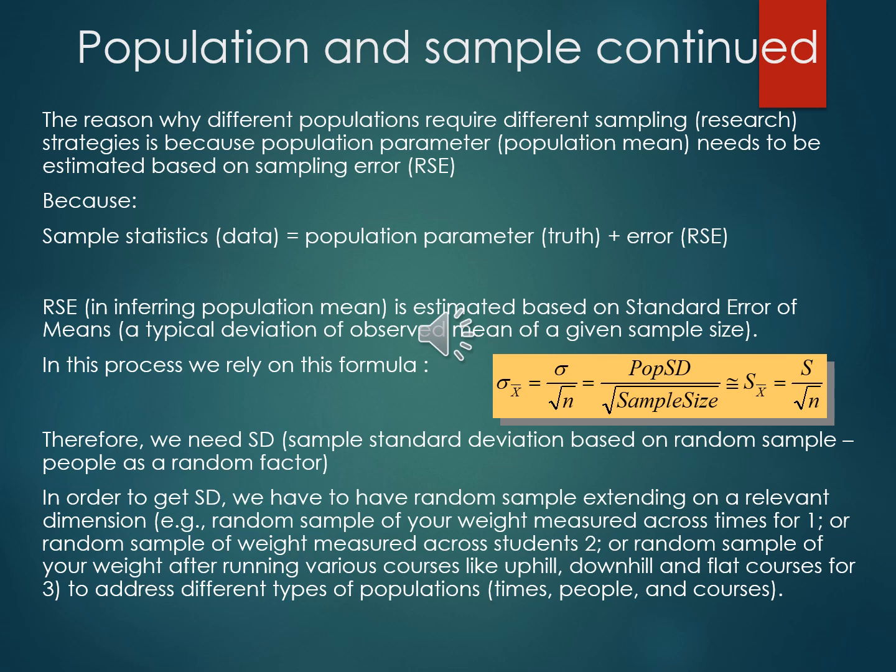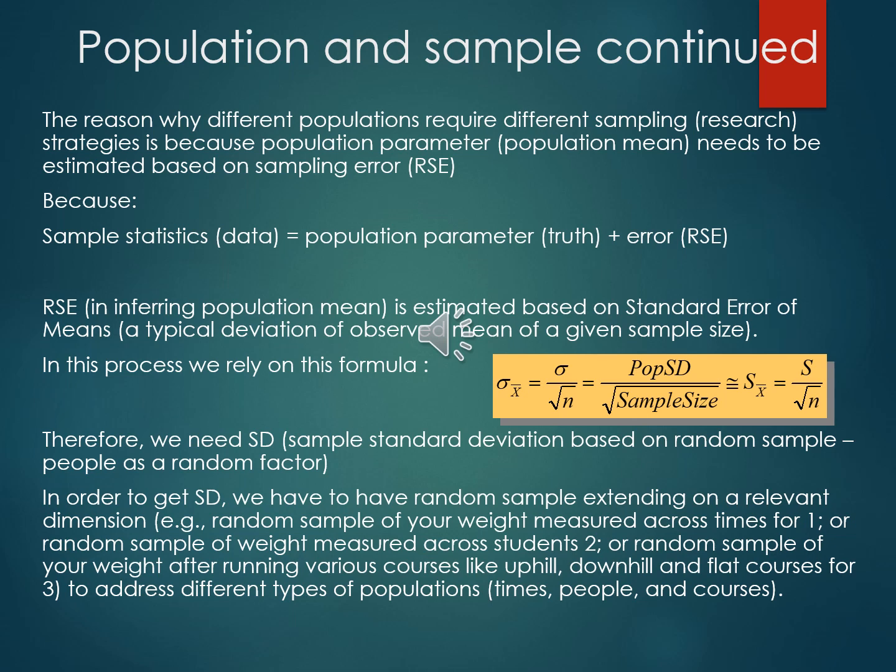And in order to get to the actual population parameter, which can only be estimated, you have to estimate the error. So in order to get to the population parameter, you have to subtract the error from the actual observation.